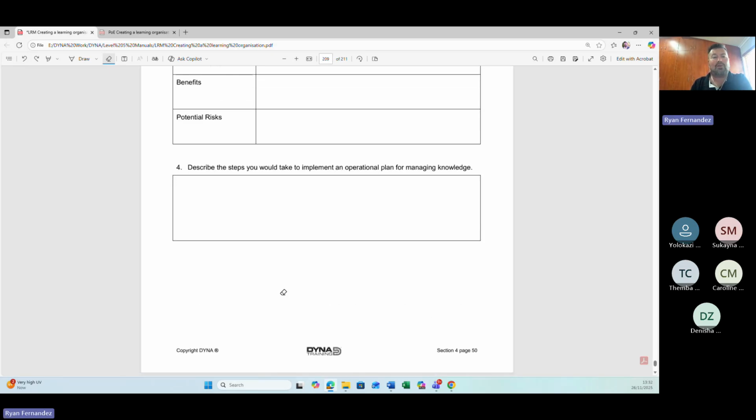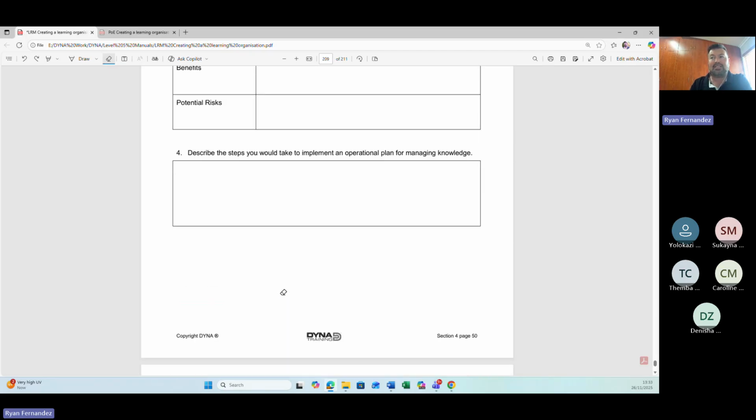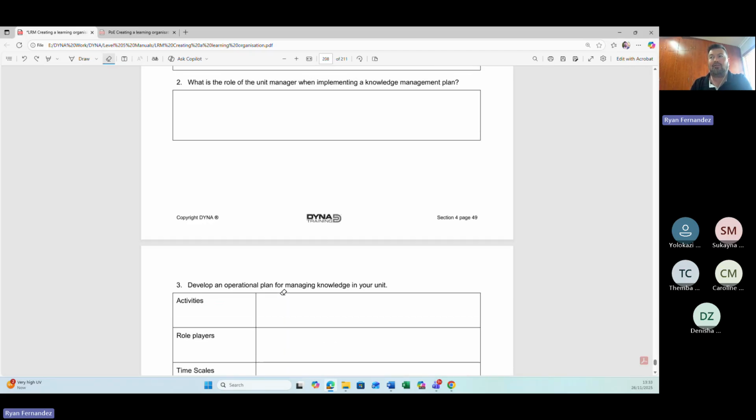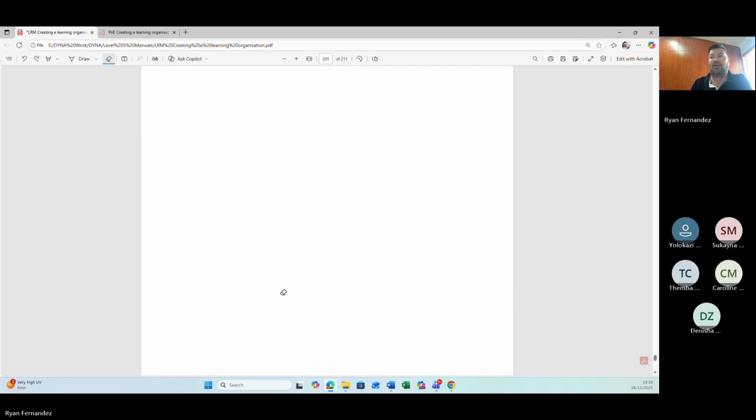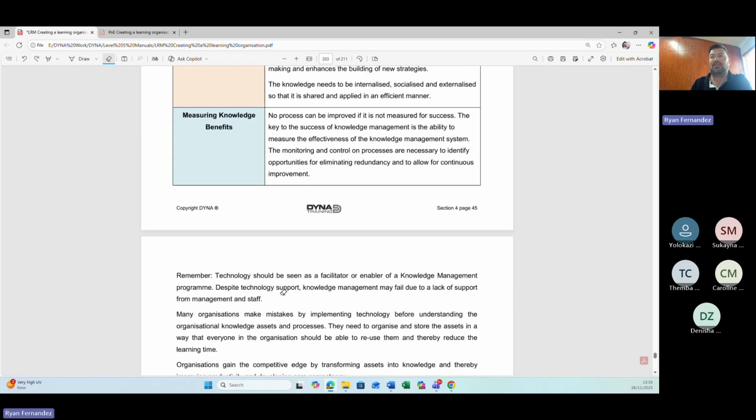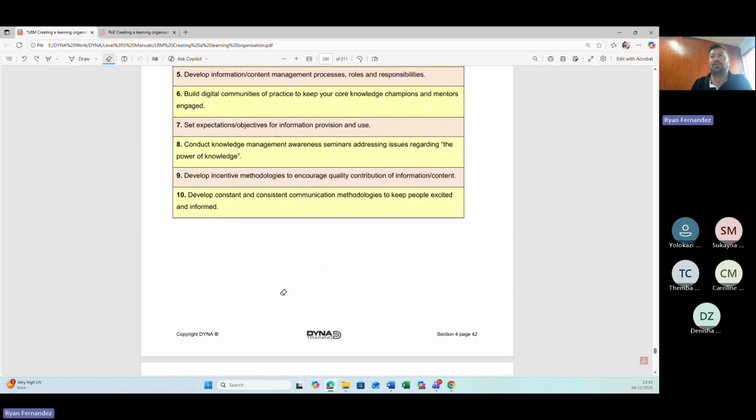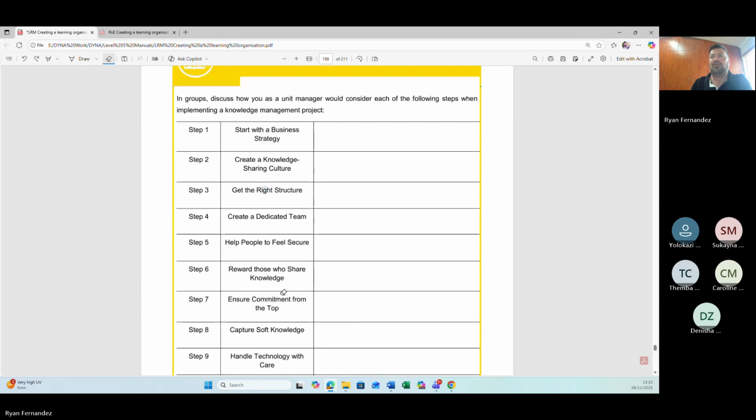Okay, now, question number 4. Describe the steps that you would take to implement an operational plan for managing knowledge. You have just done that in your formative section, where you looked at a whole bunch of steps.